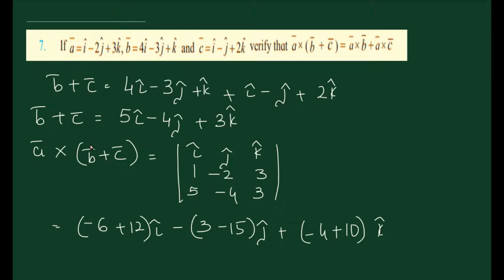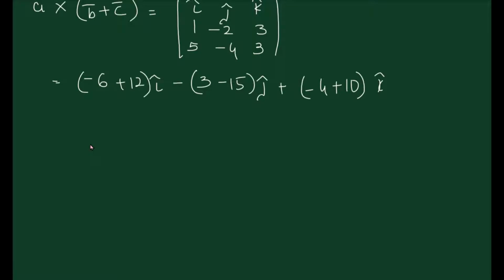Thus over here we are going to get 12i, minus 15 plus 3 is minus 12, so plus 12j, and 10 minus 4 is 6, so 6k. Oh, over here a mistake was made. 12 minus 6 it is, so it is 6i. So this is our cross product for the LHS.